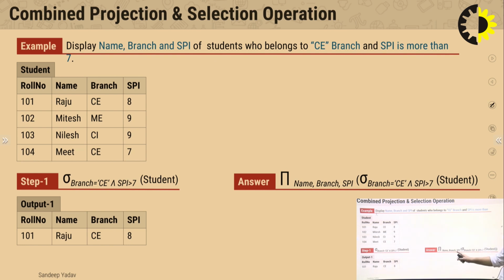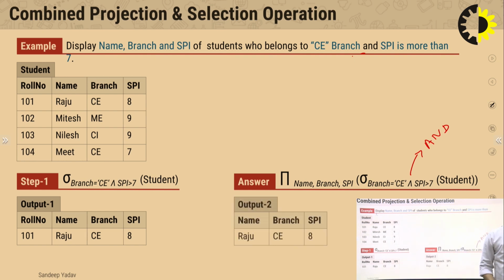Pi, name, branch and SPI, and the condition is branch equal to C, and now we have to use AND here, because the condition includes both C branch and SPI greater than 7. So, AND has to be used here, not OR, and we will get the desired outcome as seen in the output: Raju, CE and 8.